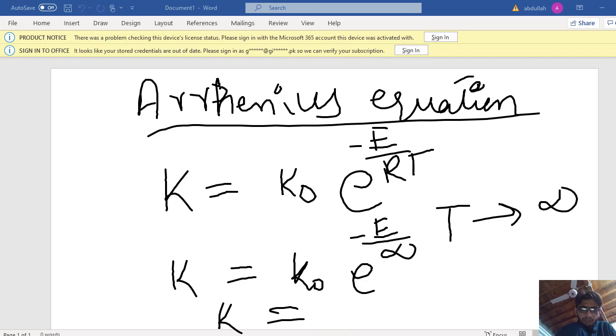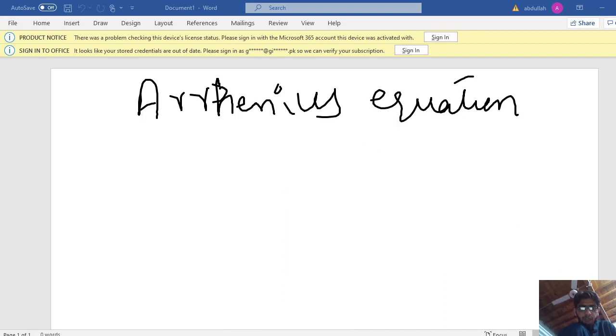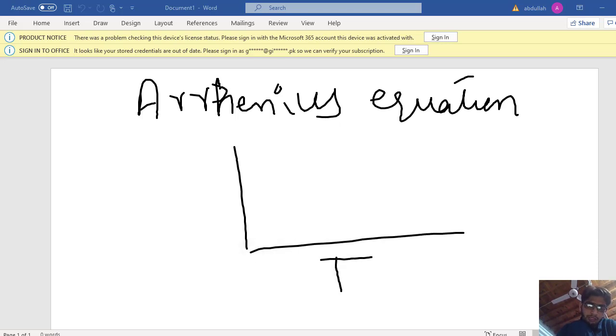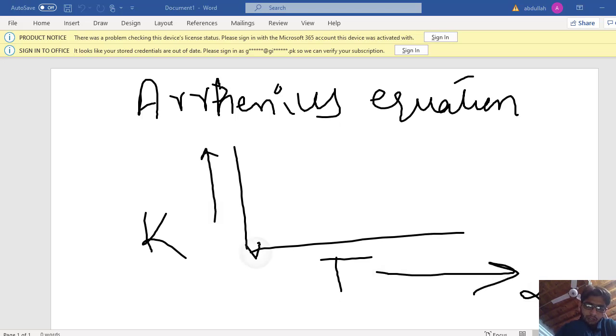Graphically, we can write the Arrhenius law like this: suppose this is temperature and this is the rate constant. When temperature is 0, the rate constant is 0, and when temperature tends to infinity, at higher temperature the rate constant increases.